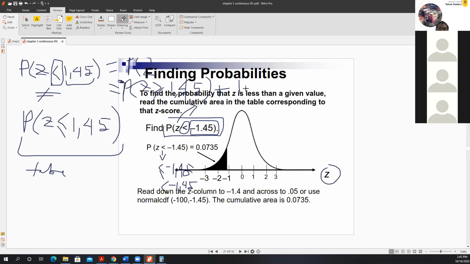This is equal to 1 minus the probability Z greater than 1.5. Okay.